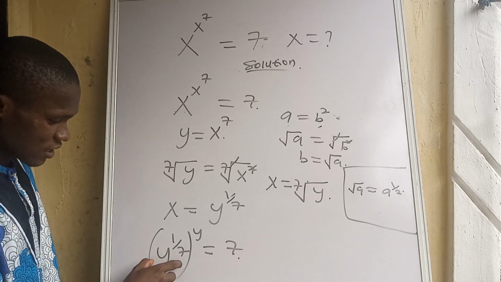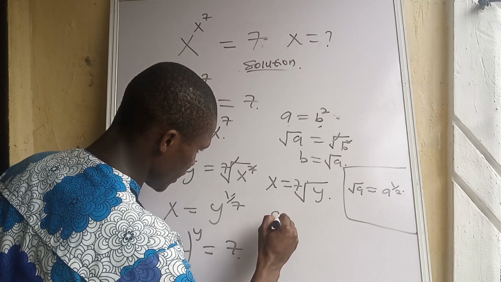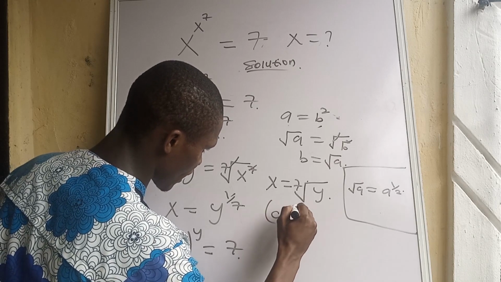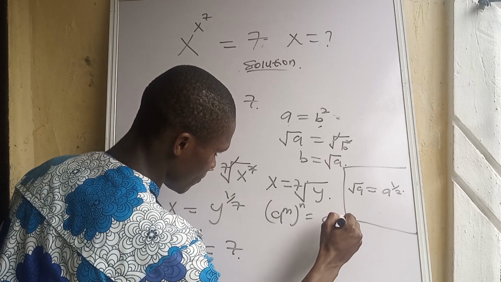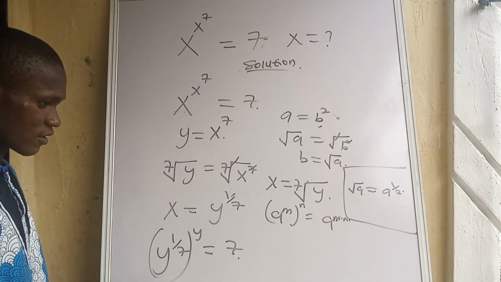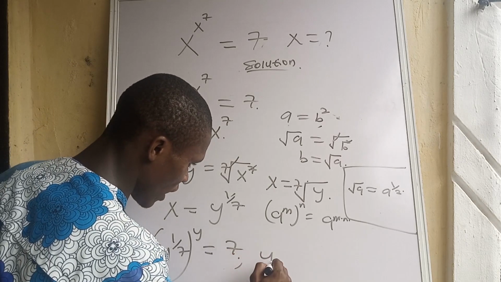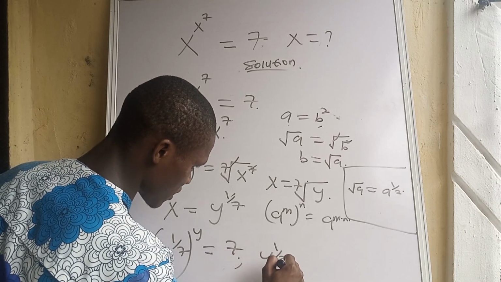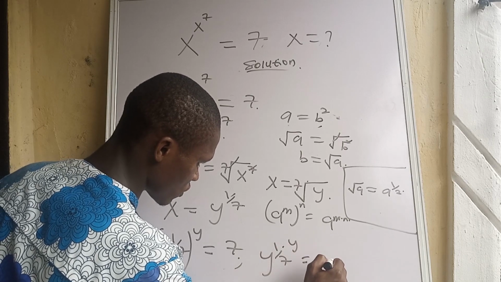Having done this, the principle from indices again says that a to the m, open bracket, to the n, is equal to a to the m times n. Applying this rule here, we will now have y to the power of 1 over 7 times y is equal to 7.